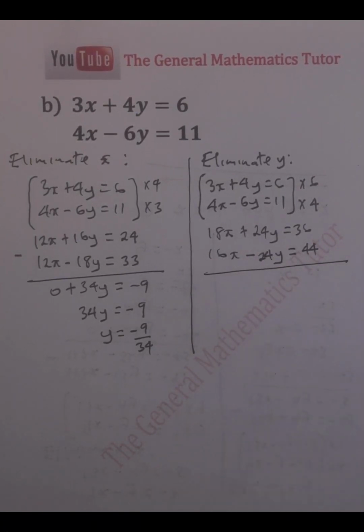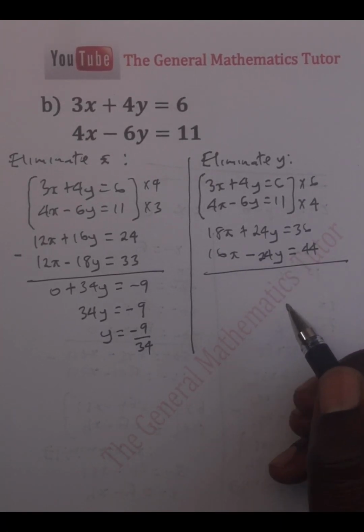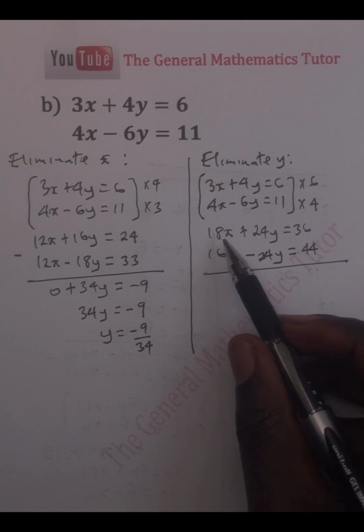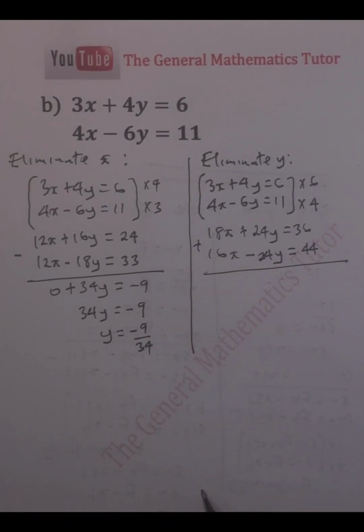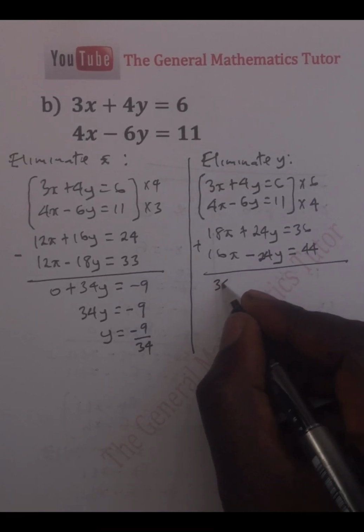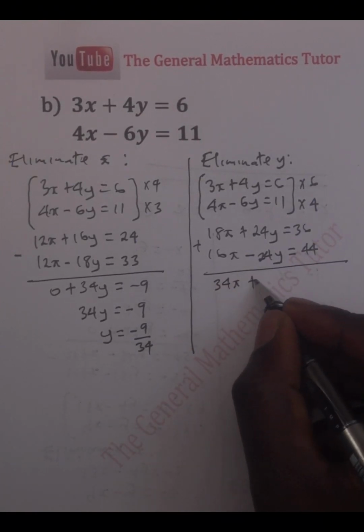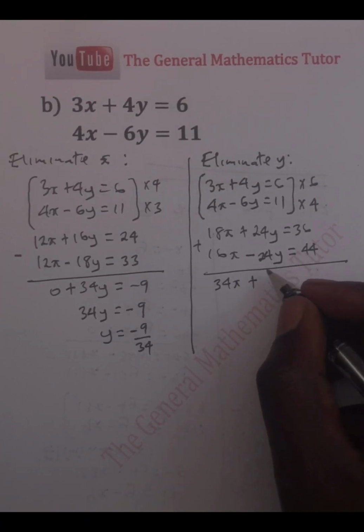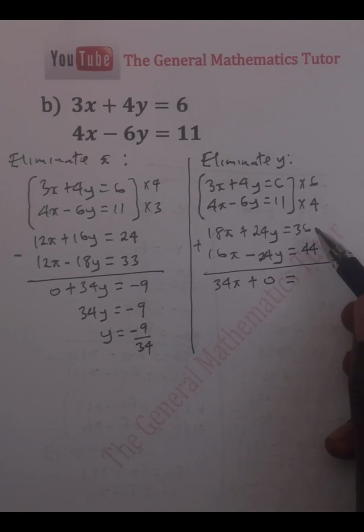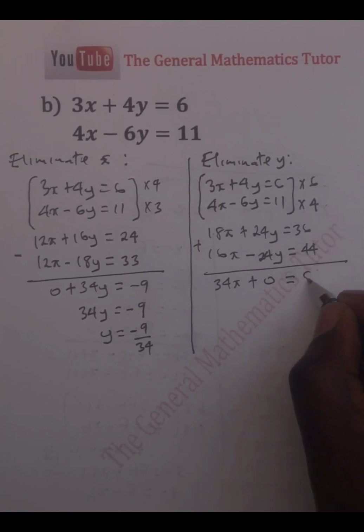So these coefficients are the same, and we can eliminate them by adding the two equations. So we'll have 18 plus 16, which is 34x, plus 24 plus negative 24, that is 0, is equal to 36 plus 44, which is 80.